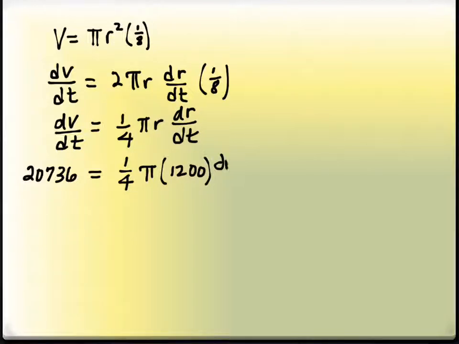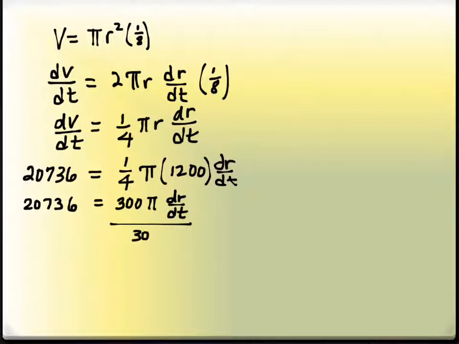And then I have dr/dt. So this is 20,736 on the left. What is 1/4 of 1,200? 300. So I have 300 pi dr/dt on the right.